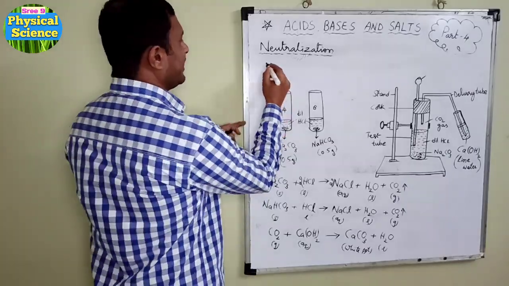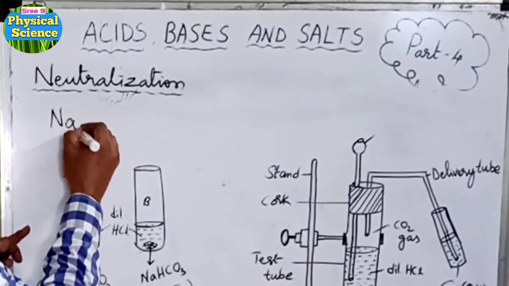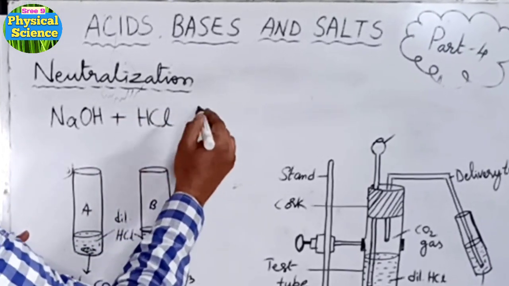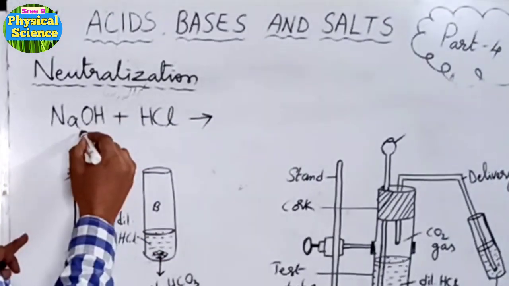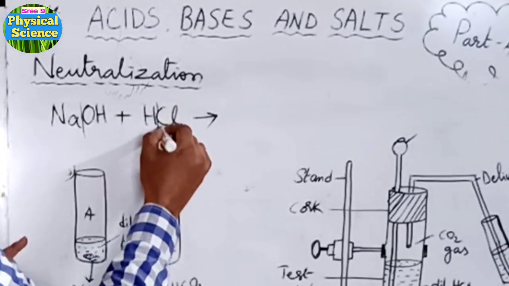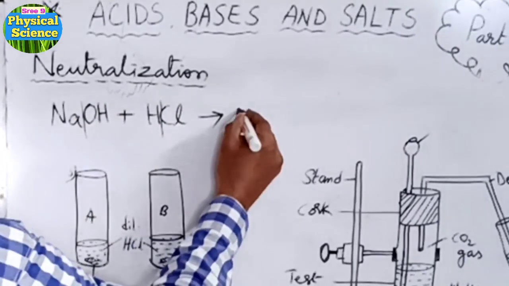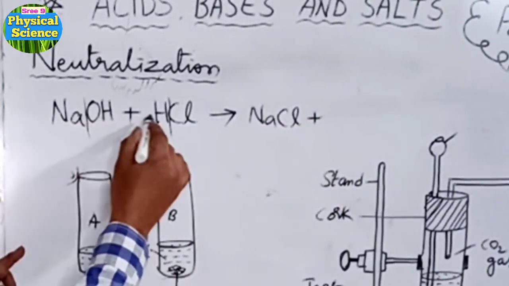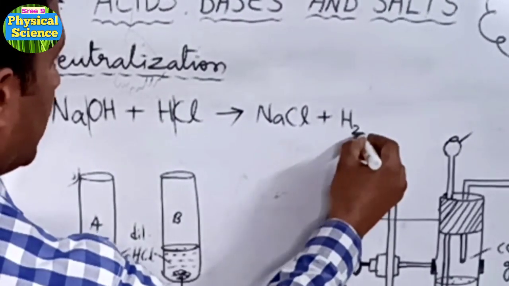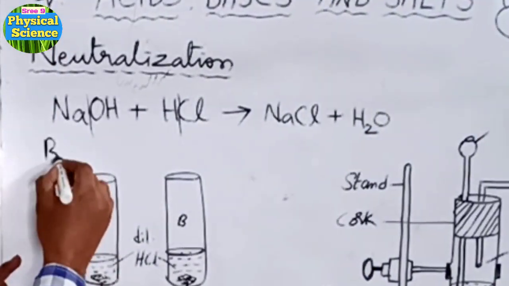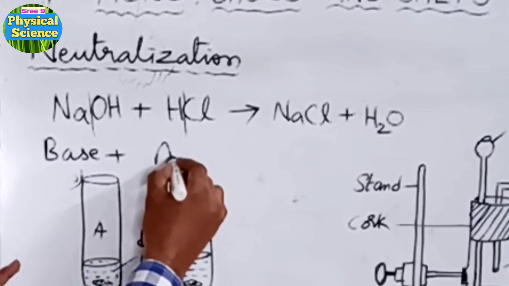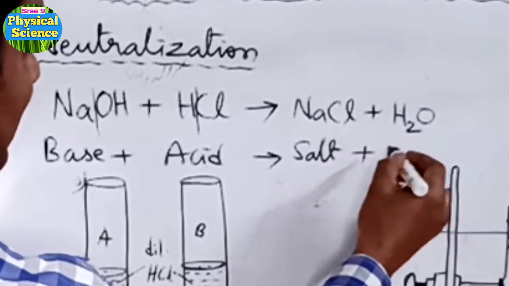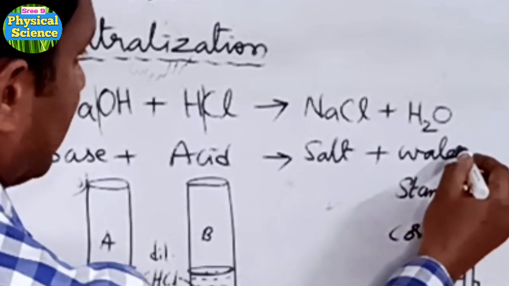Okay, so what we have taken? Sodium hydroxide plus hydrochloric acid gives rise to NaCl, which is salt, plus H2O. So here I am writing base plus acid gives rise to salt plus water.